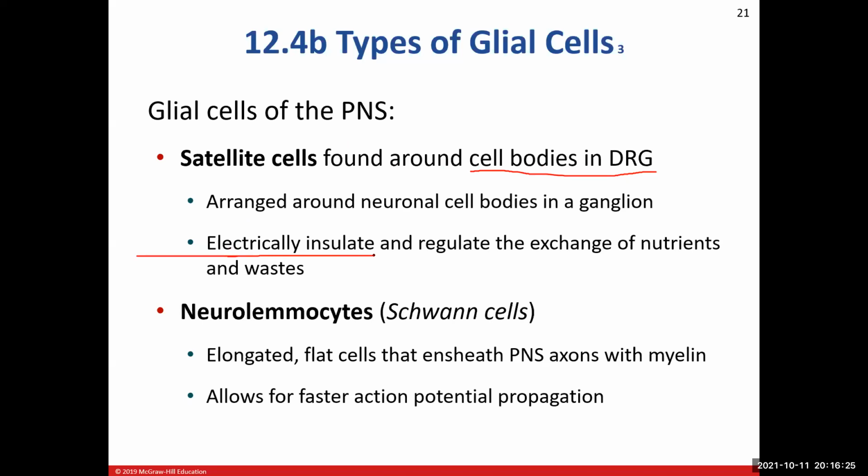The neurolemocytes, the Schwann cells, are going to make the myelin in the peripheral nervous system. I told you what the myelin does. It helps to increase the speed of that action potential. Now, here's the difference between the neurolemocytes in the peripheral nervous system compared to the oligodendrocytes of the central nervous system.